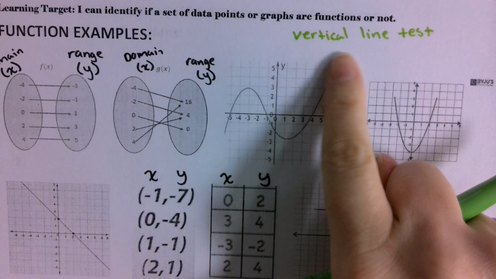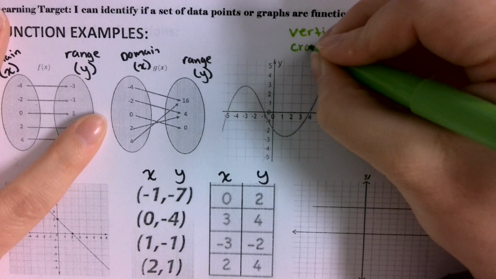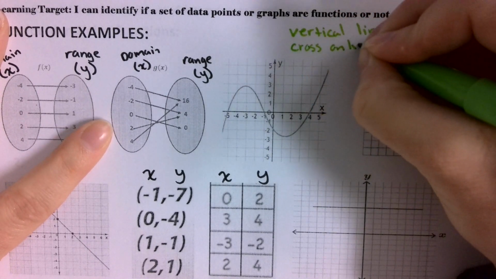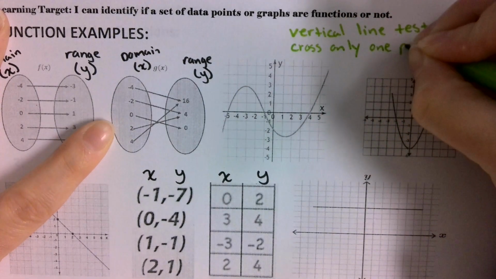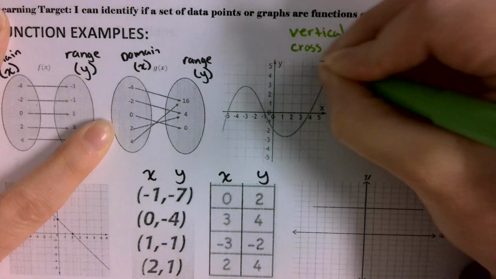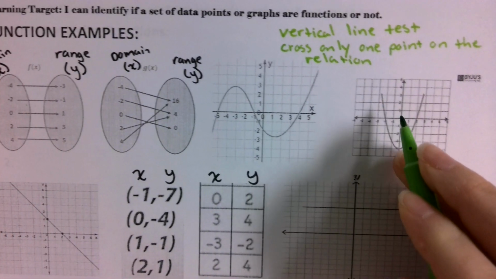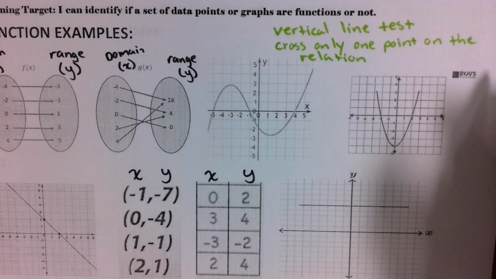So in order for the vertical line test to pass, it should cross only one point on the relation in order for it to be considered a function.